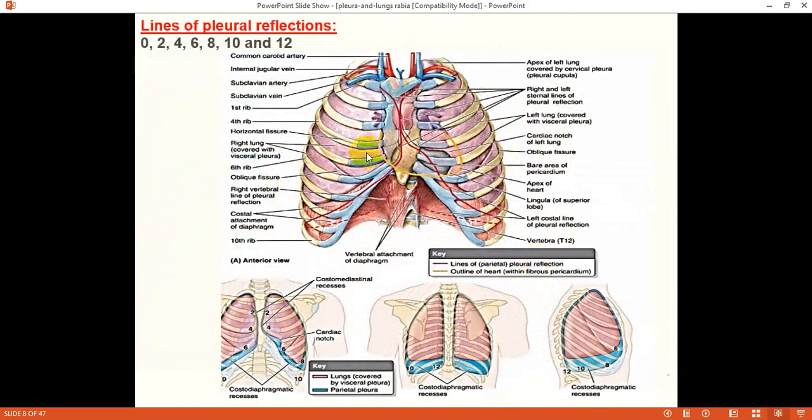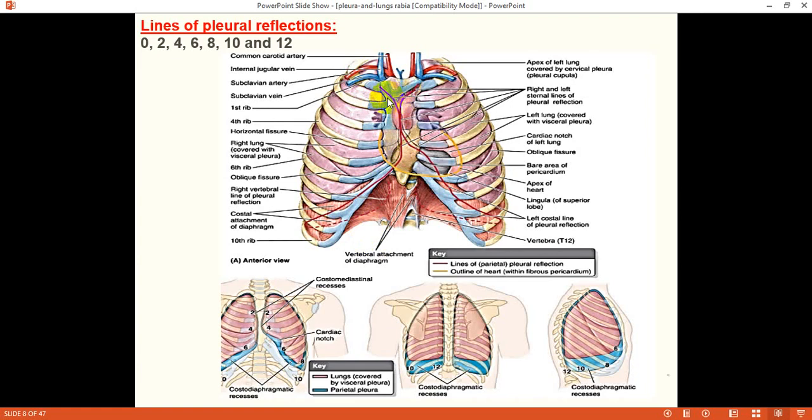Pleural reflections are the lines where the parietal pleura of one surface is abruptly reflected onto another surface. For example, costal pleura is reflected onto the mediastinal pleura anteriorly and posteriorly, and then inferiorly it is reflected onto the diaphragmatic pleura, and superiorly it continues over the cervical pleura. 3 lines of reflections are observed in both lungs.